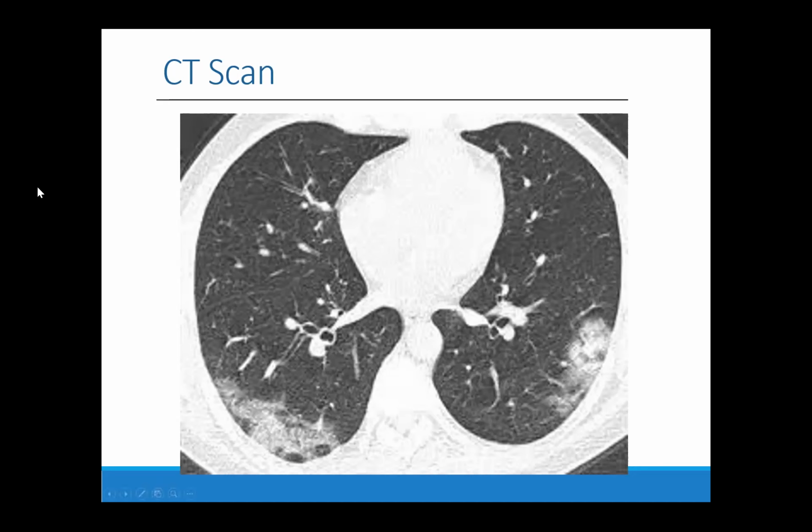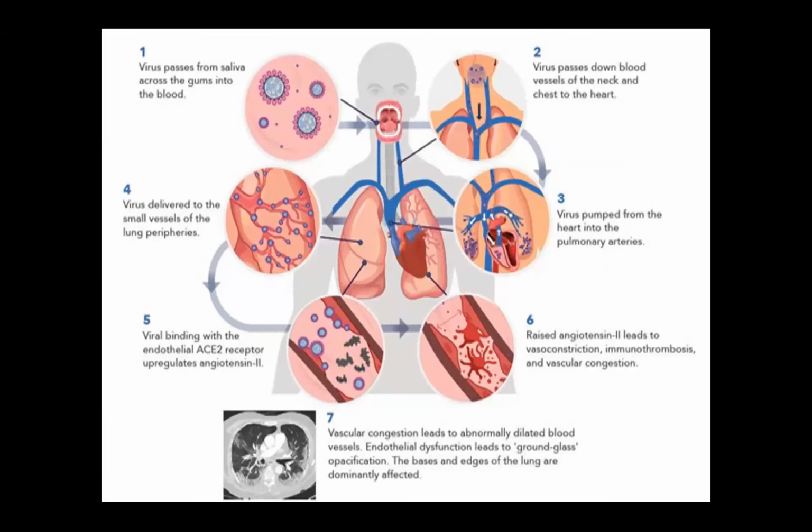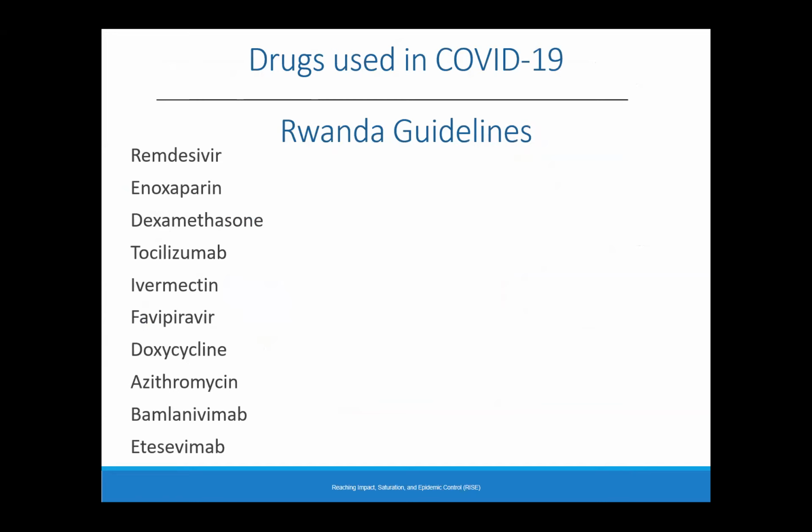If you can go to the next slide, there's a list that I made of medications that we used in Rwanda. I think Professor Robinson will also share with us if there are some that we miss or we overtreat, probably. In our settings where we confirm severe disease, we use dexamethasone, tocilizumab, azithromycin, and the monoclonal antibodies, bamlanivimab and etesevimab.